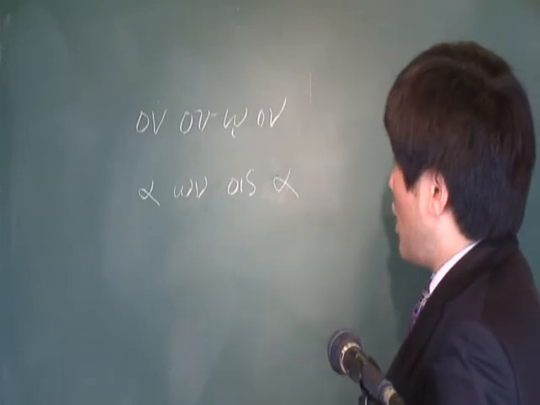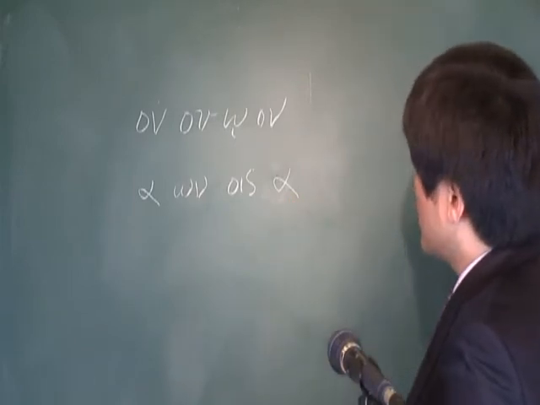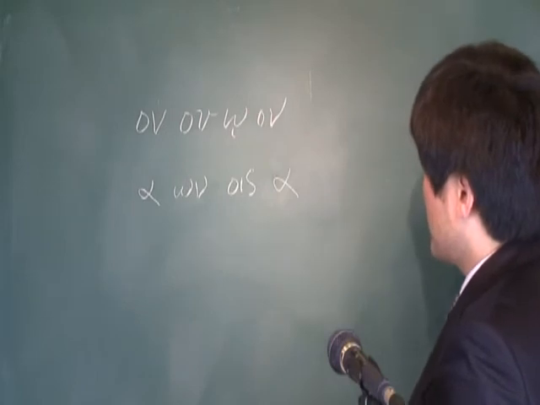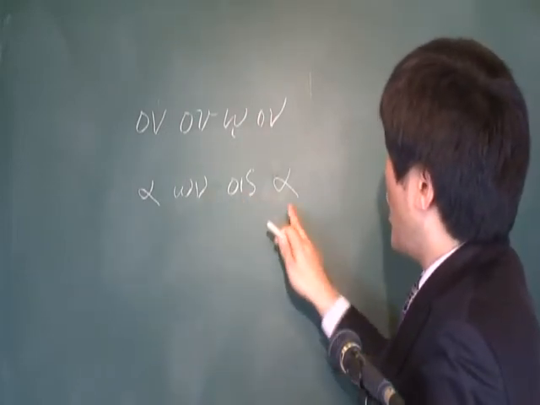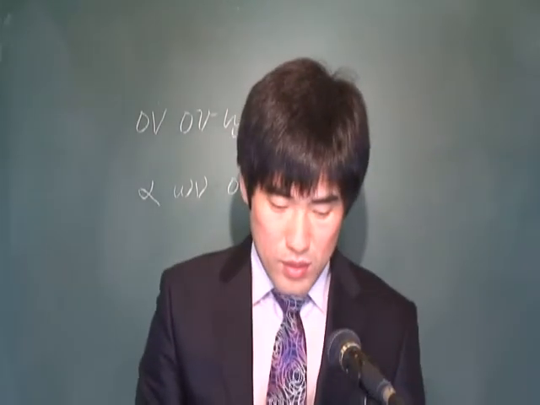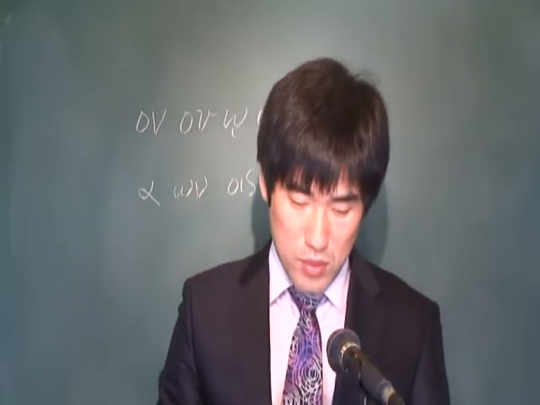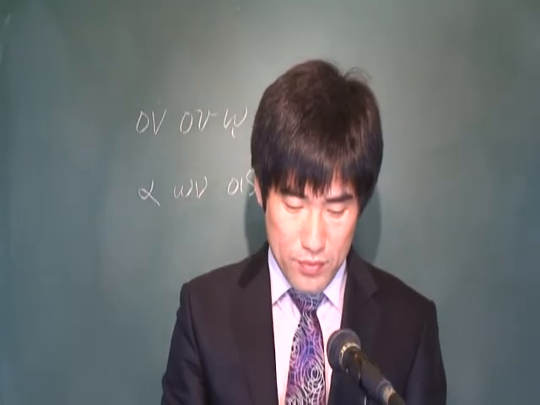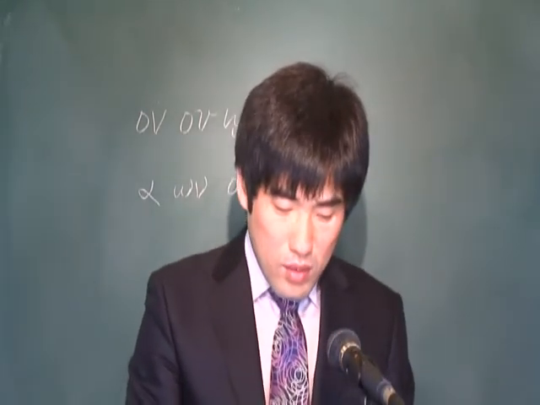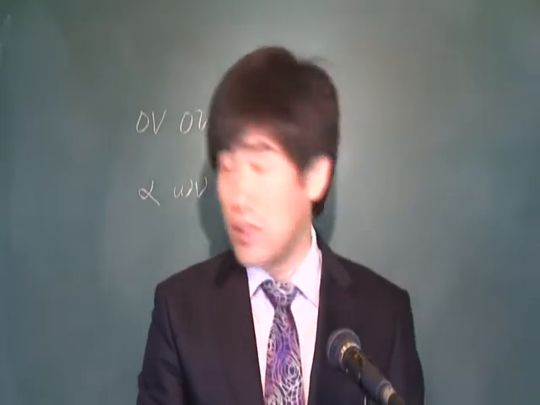The indefinite articles of the English language are a and an. The definite article is the. A and an are indefinite articles, and the is a definite article.